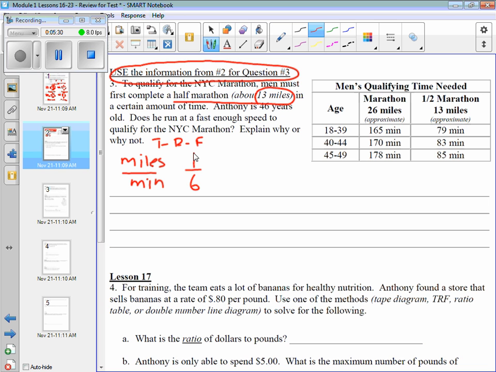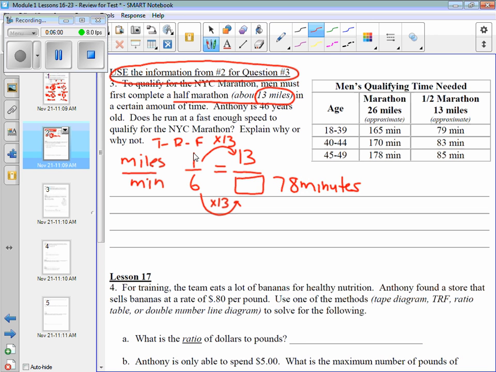That becomes the second equivalent ratio. 13 miles over what we are trying to find, his time for that. We have a multiplication factor of 13. So we've got to do that to 6. And after you've done that, you'll find out that this is 78. And that's minutes.